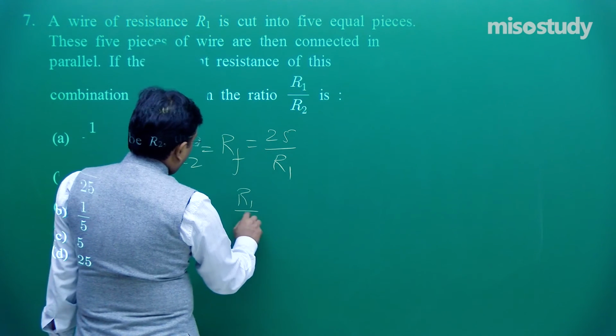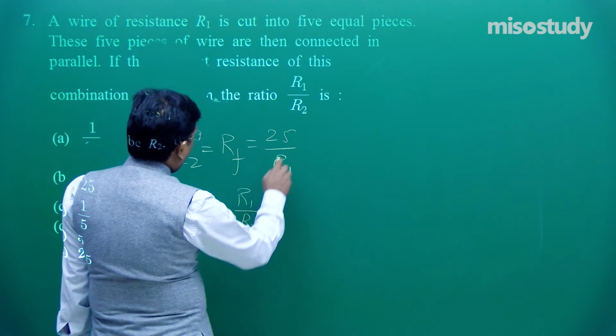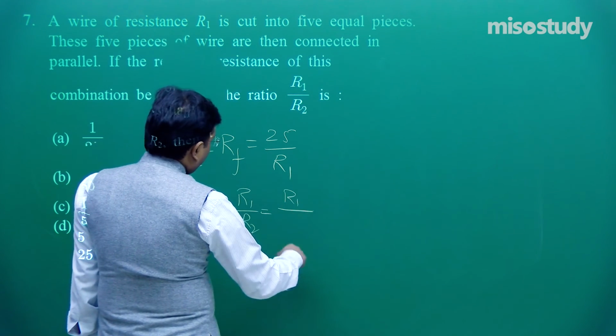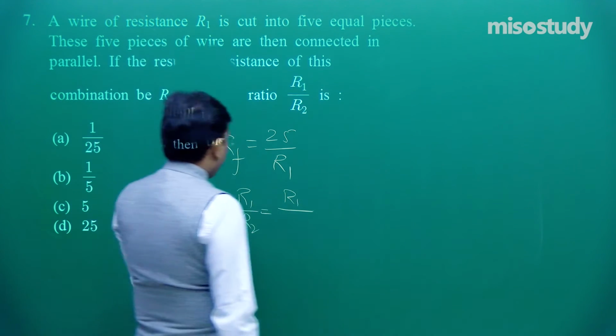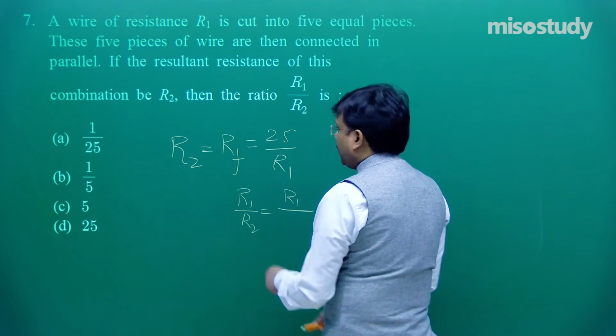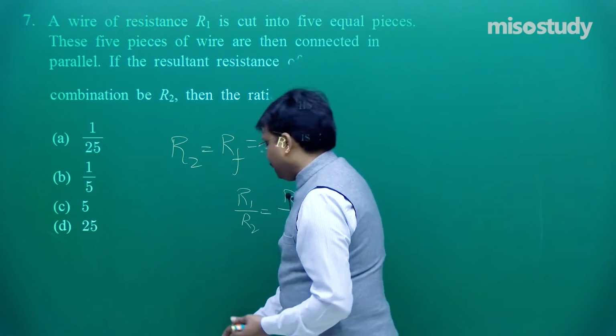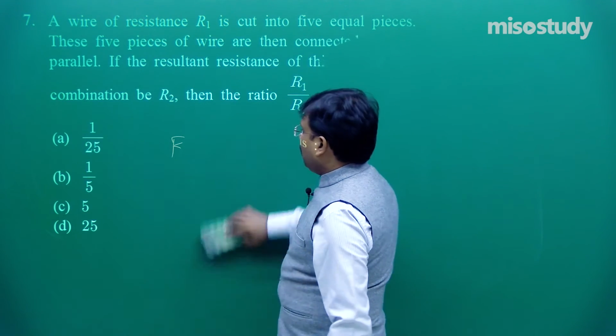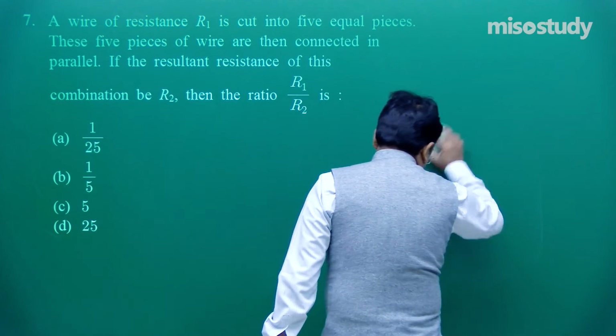So, R1 upon R2 is equal to R1 upon R1 upon 25. So, R1 is going to be cancelled, fine. So, you will get 25 as your answer. So, D is the correct option of this question number 7.